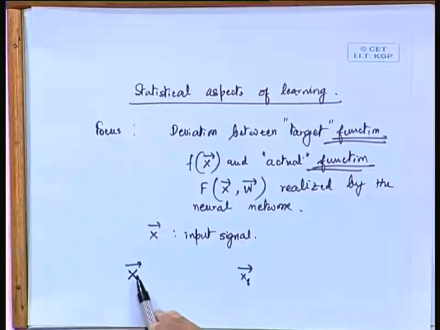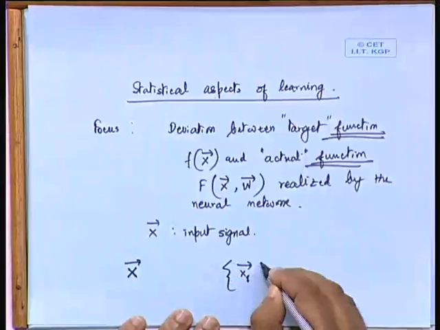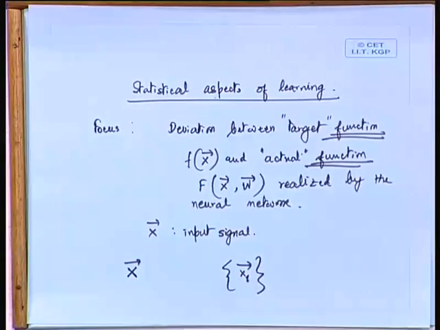So, I can define a random vector X whose instances are all the xi vectors, and I happen to pick up n such instances of the random vector.